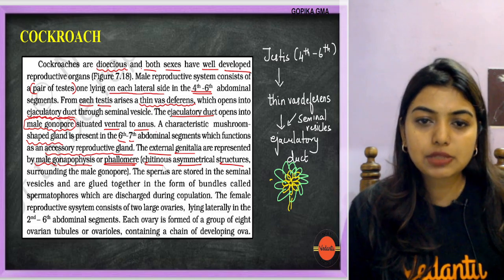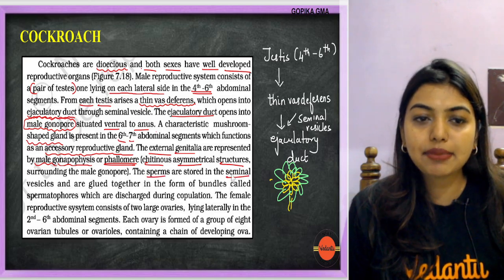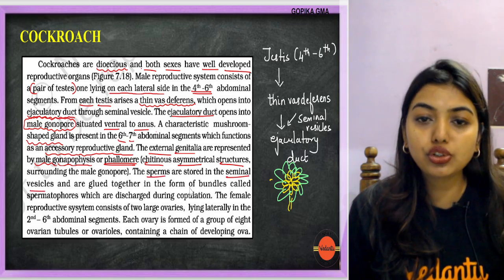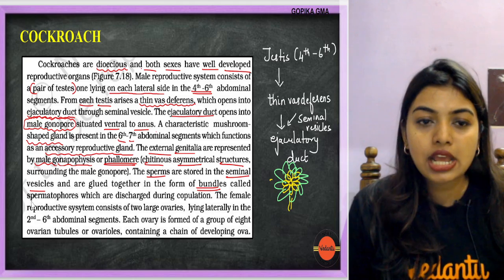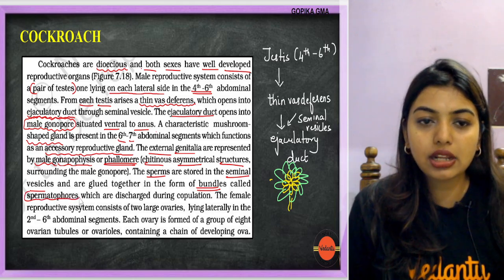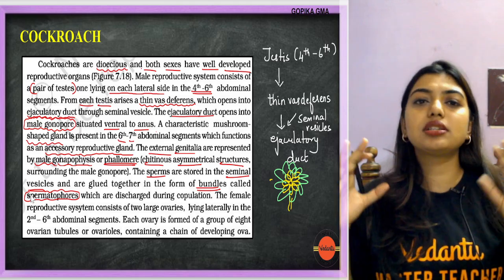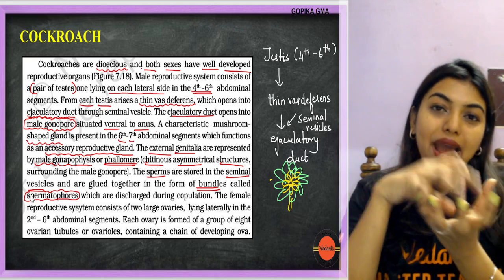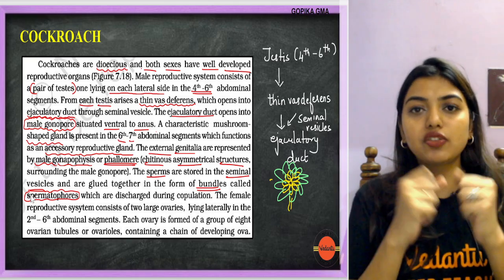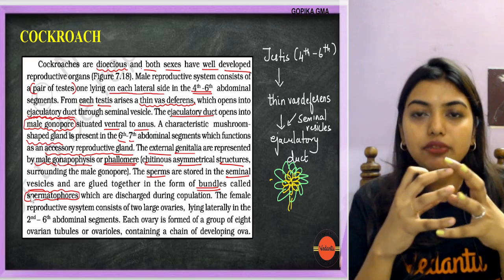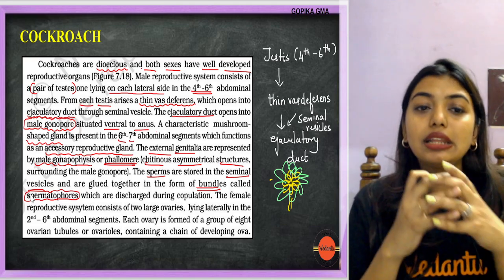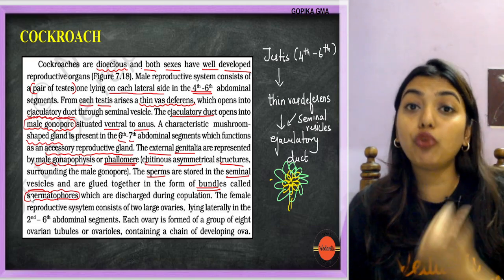Now, the sperms are stored in the seminal vesicle and are glued together in the form of bundles called spermatophores. So, students, like in humans, a single sperm or millions of sperm don't go as individuals. A packet or bundle of sperm goes. This bundle will be stored in the seminal vesicle and is called a spermatophore.